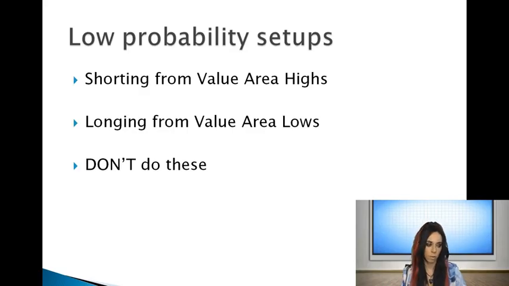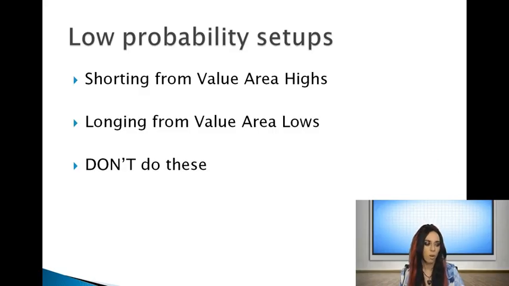I have trained quite a few traders now, and once they start using the profile, almost each one came up with an idea to short from within value, to short from value highs, and to long from value area lows. But these two ideas are very low probability setups.